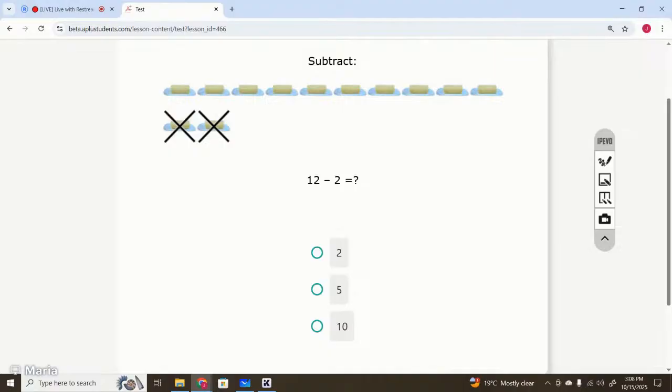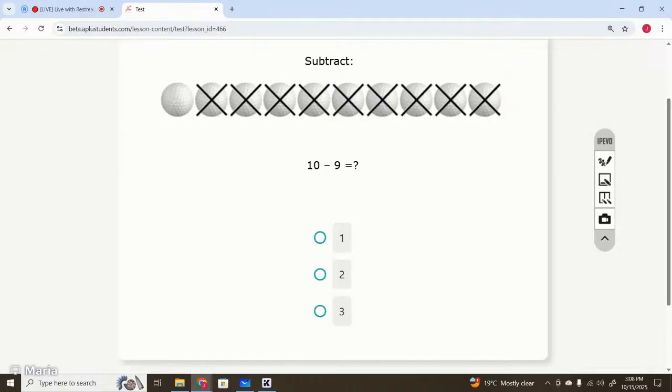12 take away 2 is 10. It is option number 3 is the correct option, that is 10.